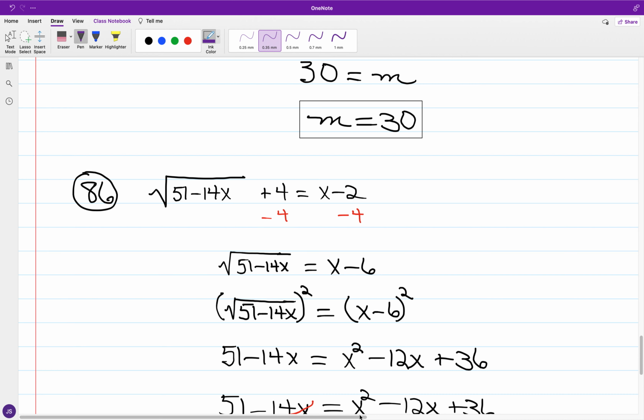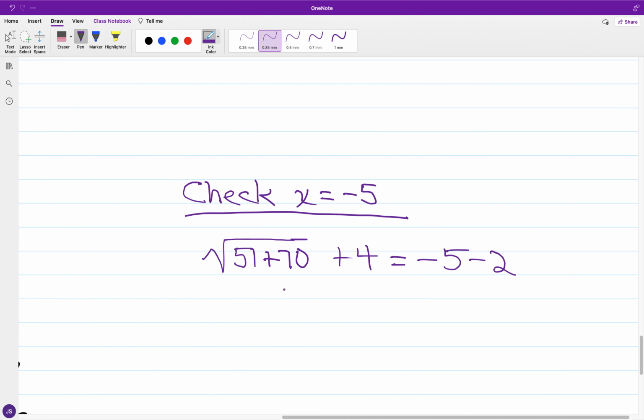51 plus 70, that's going to be a 121. And you can probably already see there's going to be inconsistency, because you got the square root of 121, and with the principal square root rule, the square root of 121 is going to be 11 and only 11.